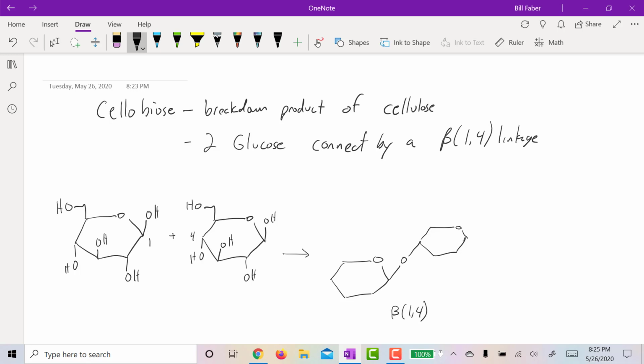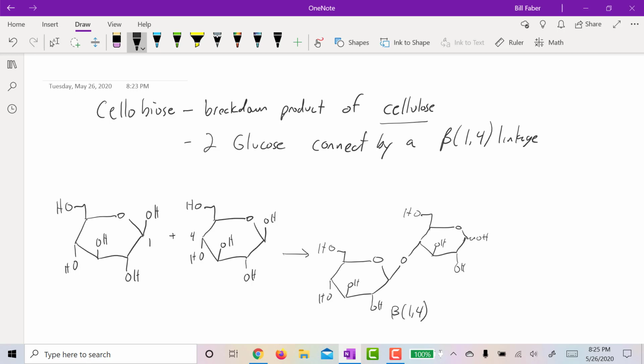Then I can put everything else in, down, up, down, for the glucose on the left. And this would be down, up, and that one's already connected. And then, as you can imagine, this could be either or. It could open and close in a disaccharide. When we get to cellulose or polysaccharide, it just keeps building up and up and up.